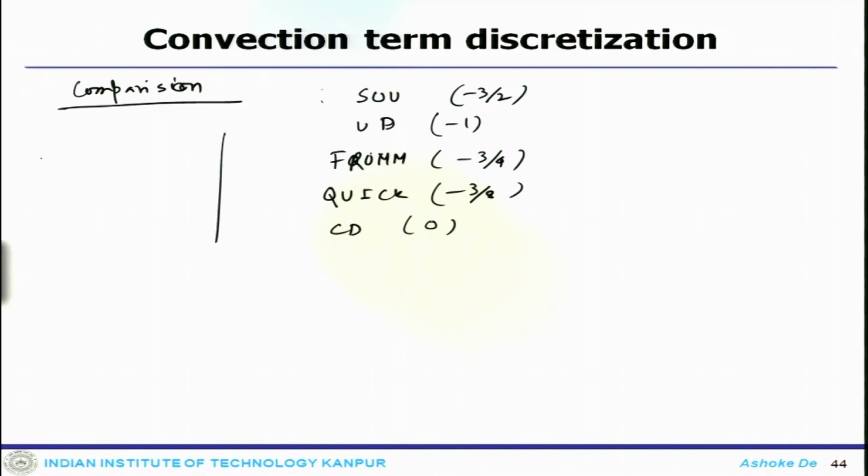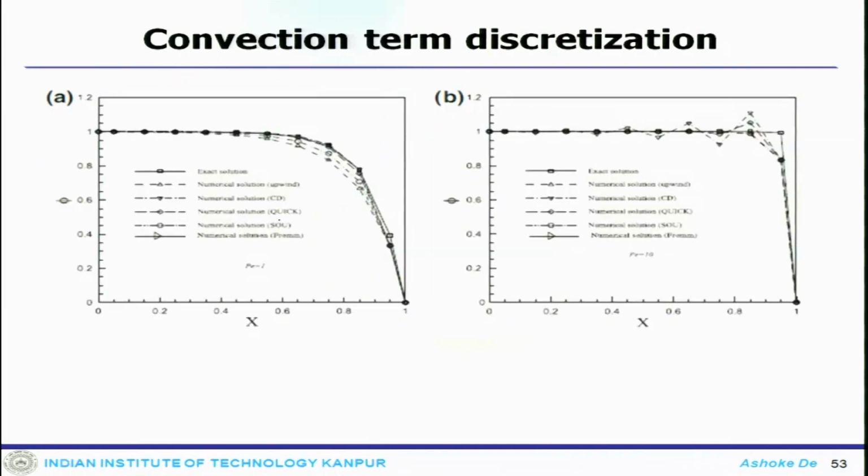The self corrective measures come from both the convection and diffusion contribution, and the false diffusion essentially produced by the upwind scheme, the false or numerical diffusion, adds to the stability even though the coefficient is minus 1, and it is the most stable scheme amongst all that we have discussed.